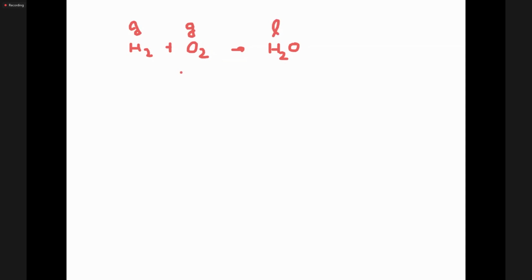If we balance this equation, we have H2 plus half O2 equal to H2O. H2 plus half O2 results in H2O, which is a liquid.